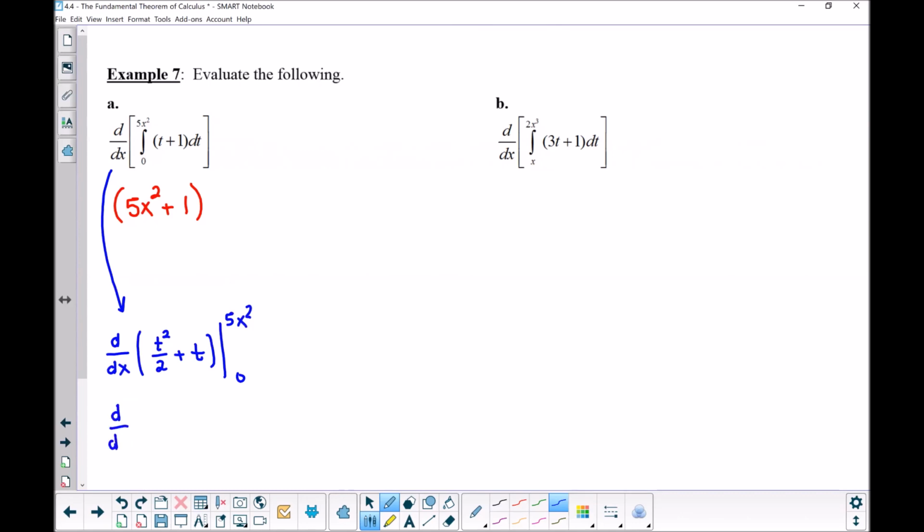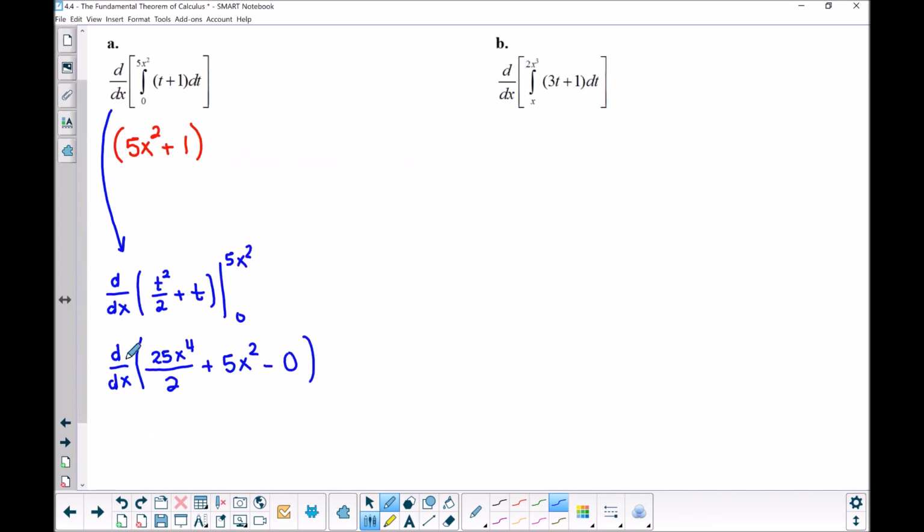Now, when we plug in the boundaries, 5x squared plugs in for the t, and that's kind of tricky. I'd have to square everything, and I would get 25x to the 4th, I believe, over 2. And then, of course, add 5x squared. Okay? And then I would subtract 0. 0 is our best friend, right? But now we are obligated to finish the problem by taking the derivative.